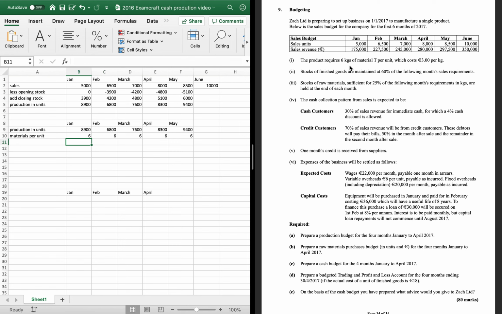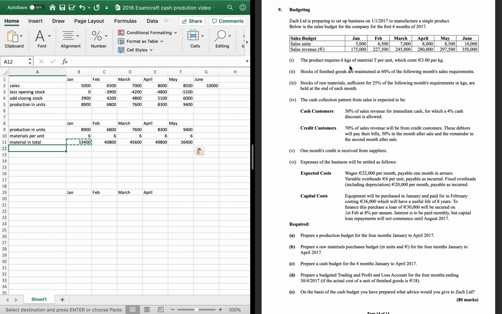So we just multiply them out, and that'll give you the total materials needed. So 8,9 by 6, 6,8 by 6, 7,6 by 6, 8,3 by 6, 9,4 by 6. Just multiply them out. All right, and that'll give you your materials in total.